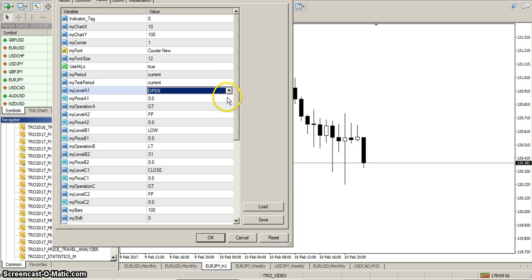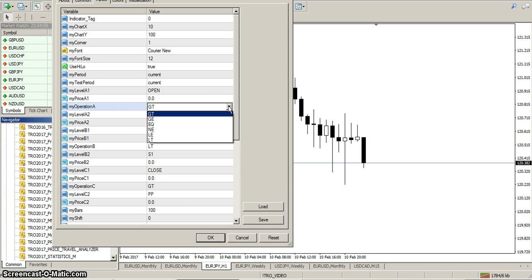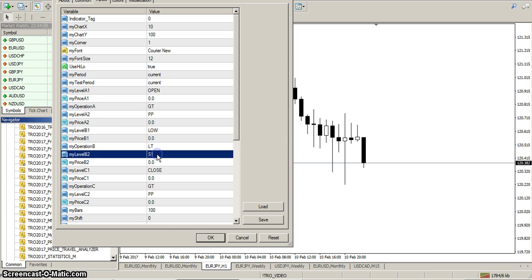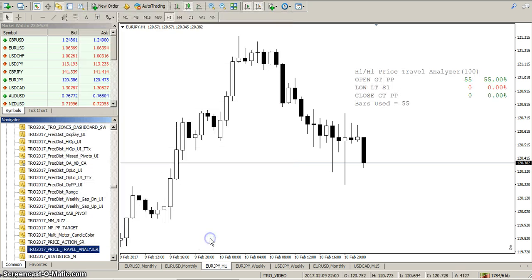So, for example, if we say open is greater than the pivot point, and then we can say, did the low go below the S1, and did the close go greater than the pivot point?